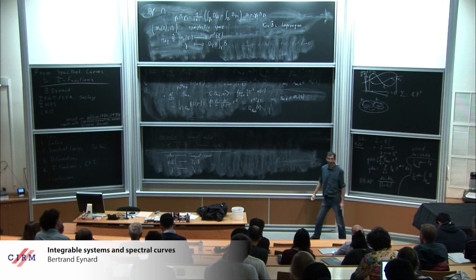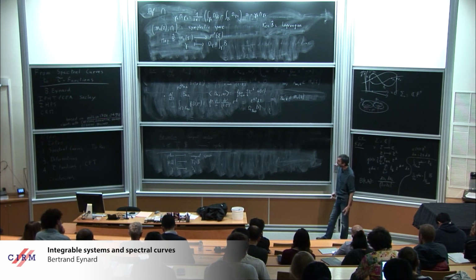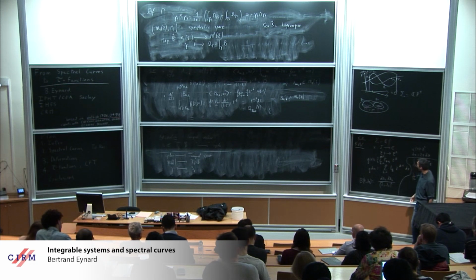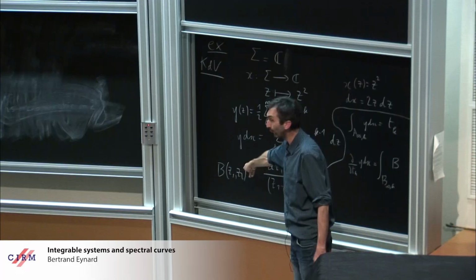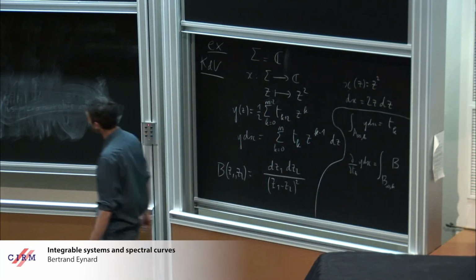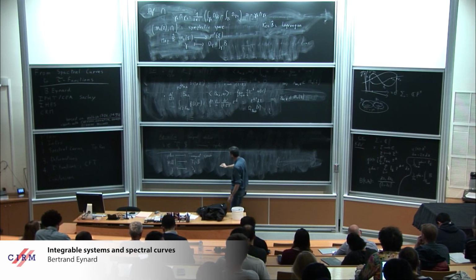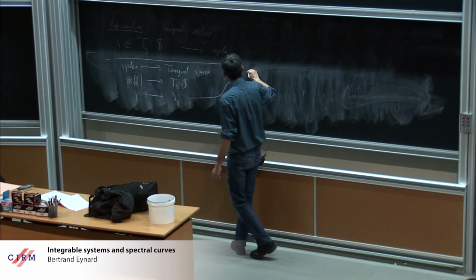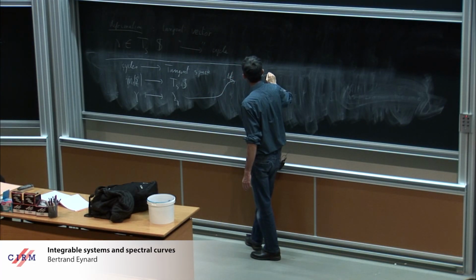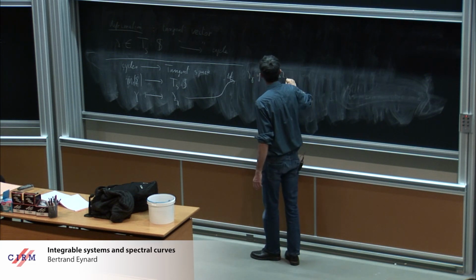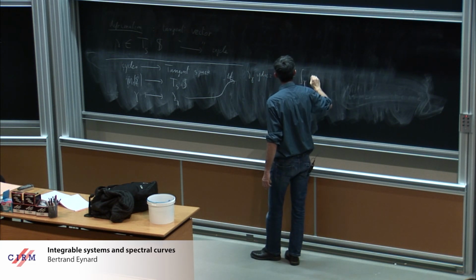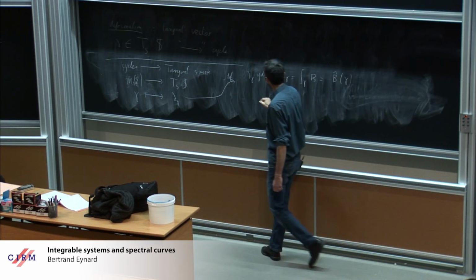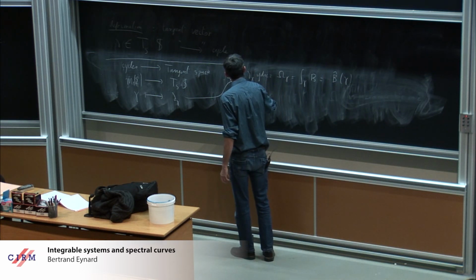To say that it's a tangent vector, you just need to say how it acts on the data of your spectral curve. So you need to say what is d gamma of y dx and what is d gamma of b. By definition, d gamma of y dx will be omega gamma, the integral over gamma of b, which is also what I called b hat of gamma. And I also need to say what is d gamma of b.